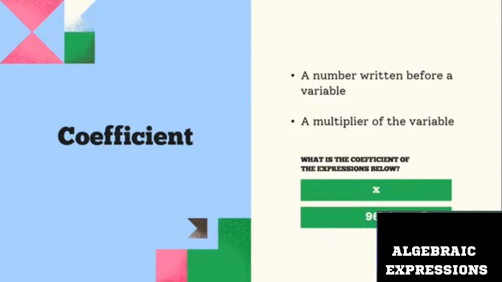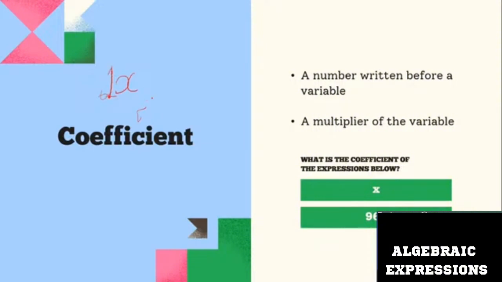For all variables which have got no apparent coefficient, it means that the implied coefficient is 1. For example, in x here, the implied coefficient is 1.